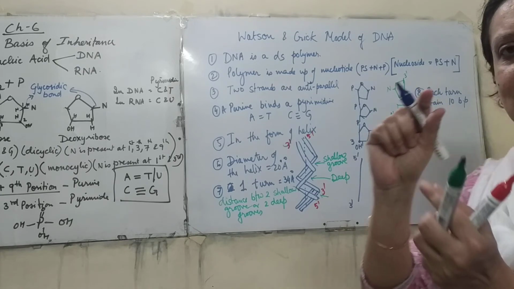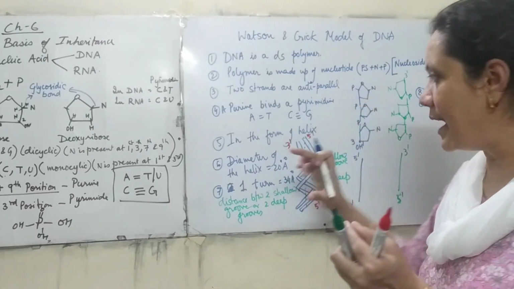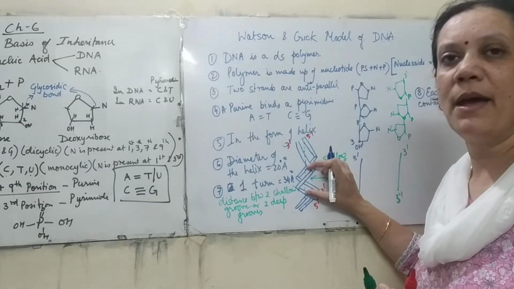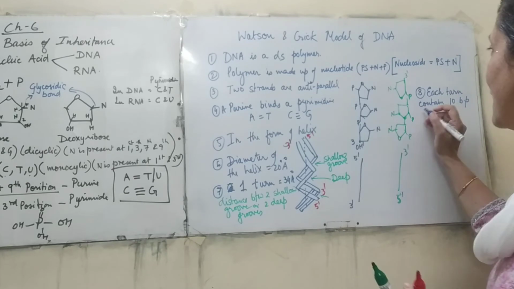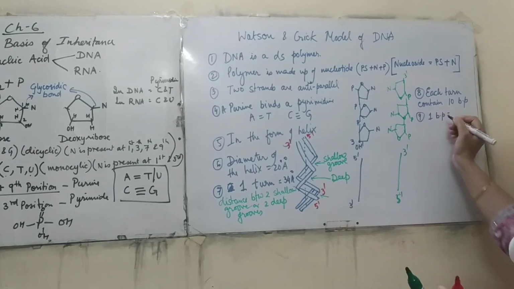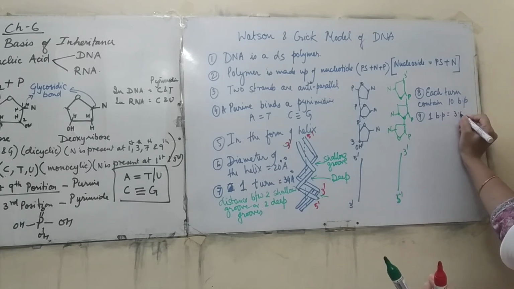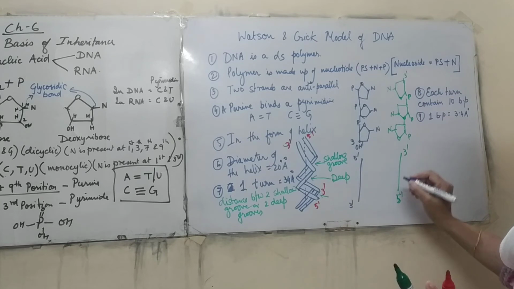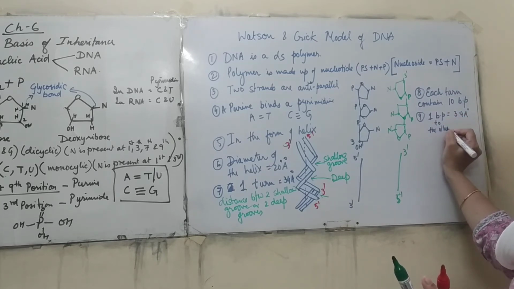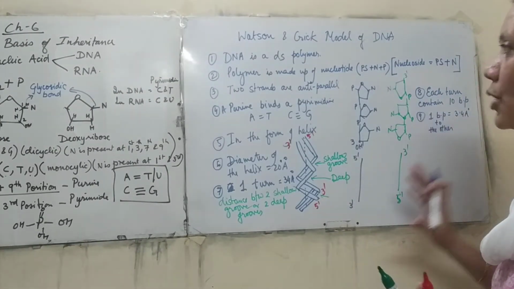So what will be the distance between each base pair? If the length of the entire turn is 34 angstrom, and in it there are 10 base pairs, then the distance between two base pairs will be 3.4 angstrom. One base pair to the other will be 3.4 angstrom.